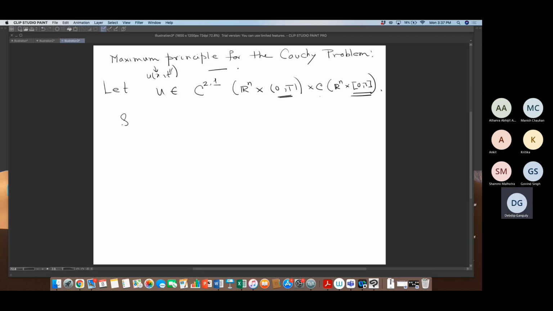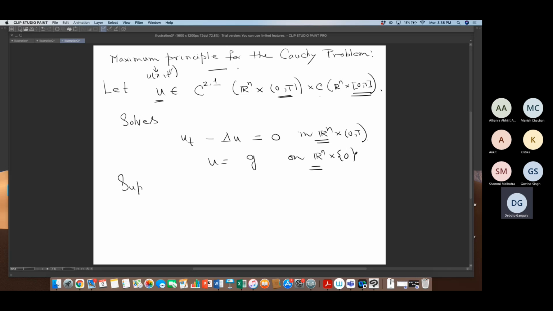Let this type of regular solution solve the PDE, the heat equation, in R^n cross (0, T), and u equal to g on R^n cross {0}. Now just look at it. It's not a bounded domain. It's the complete R^n.